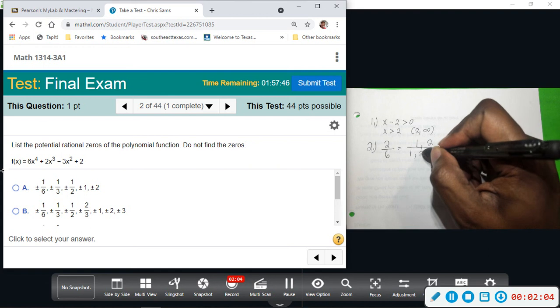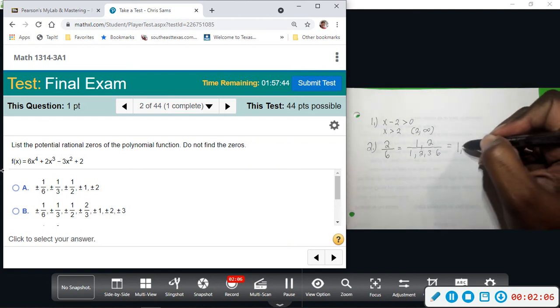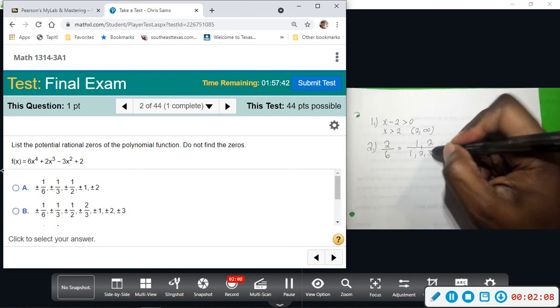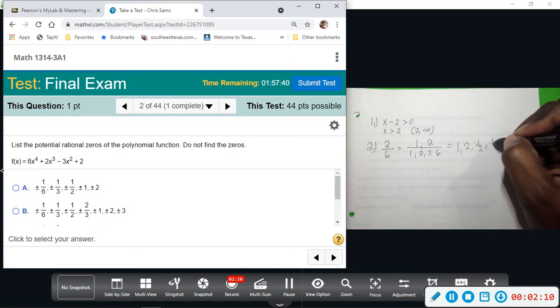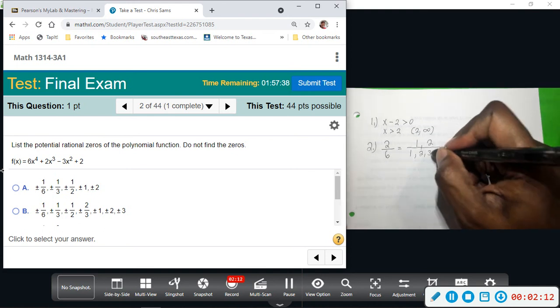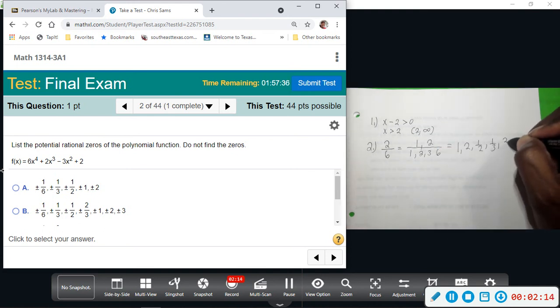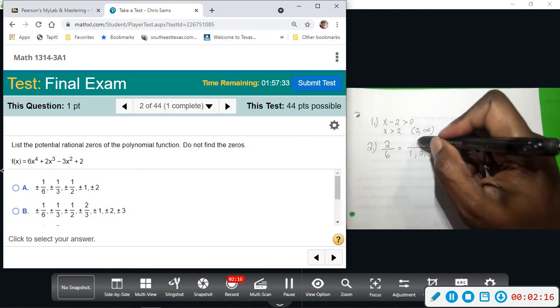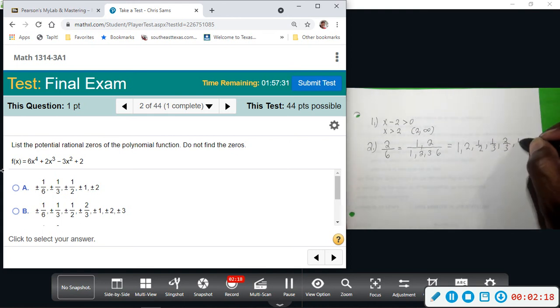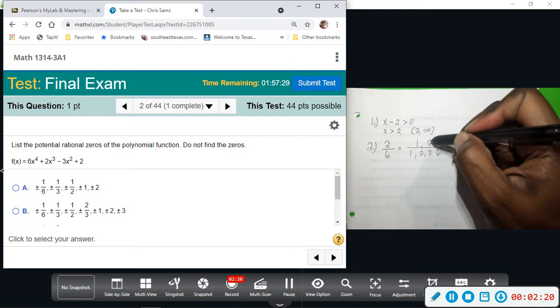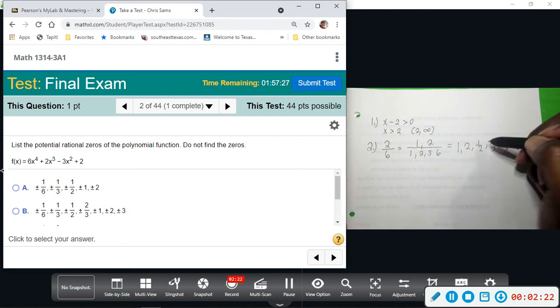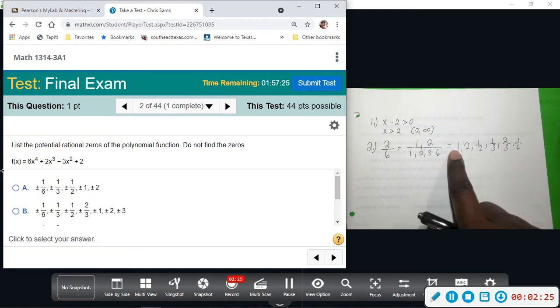And then 2 divided by 2 will give us 1. We already have it. 1 divided by 3 will give us 1/3. 2 divided by 3 will give us 2/3. 1 divided by 6 will give us 1/6. And 2 divided by 6 will reduce to 1/3, which we already have. So this is our list.